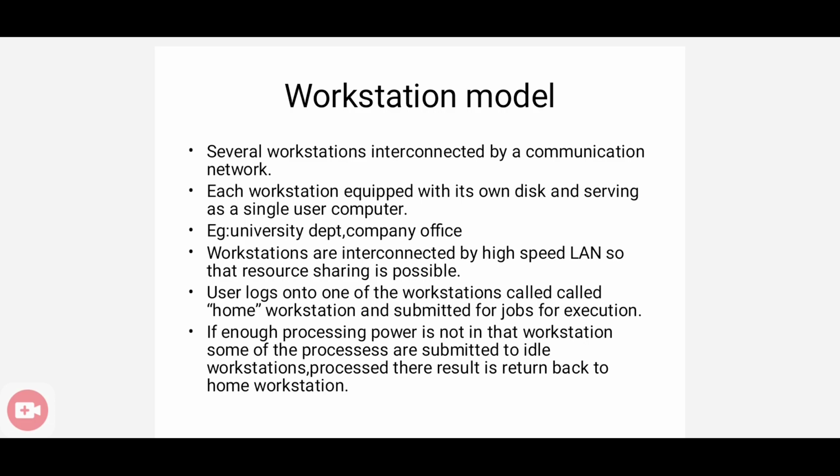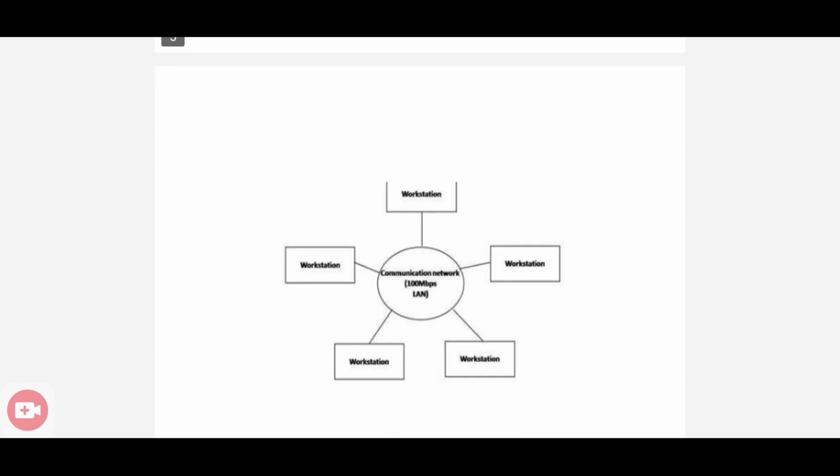If there is not enough processing power on that workstation, they can transfer some of the processes to some idle workstations and complete the processes there, and after getting the result, it is returned back to the home workstation. Clear?